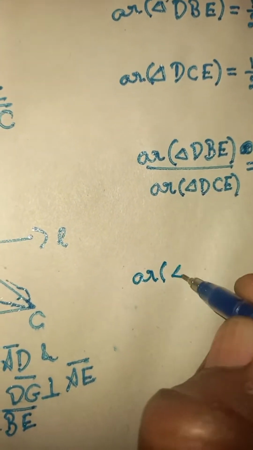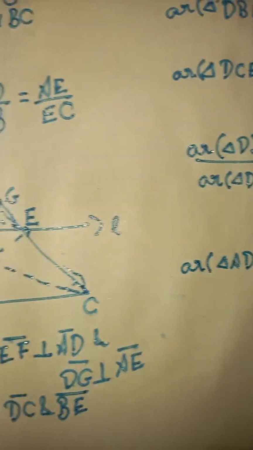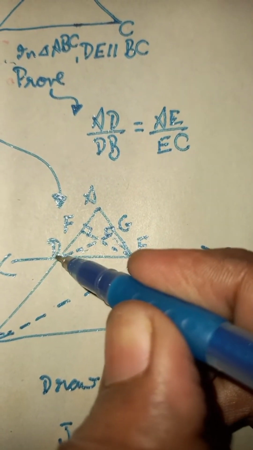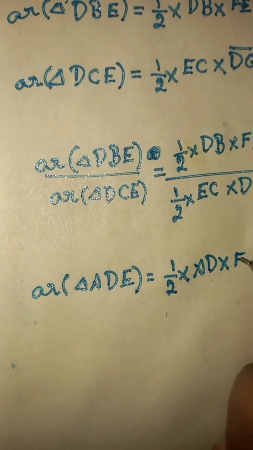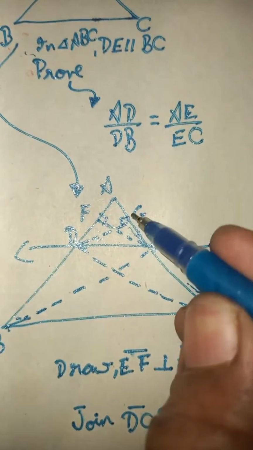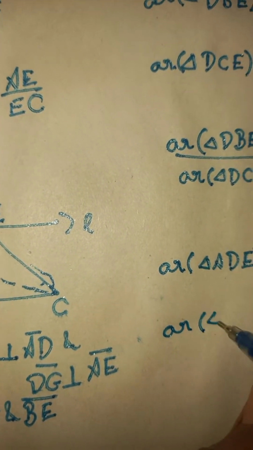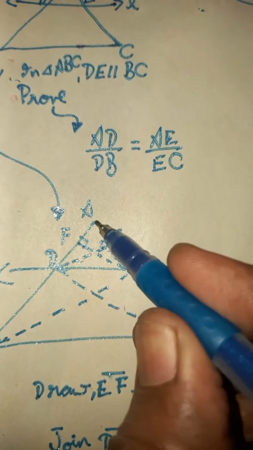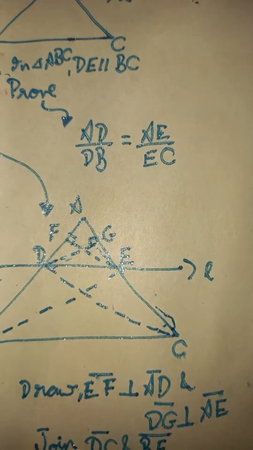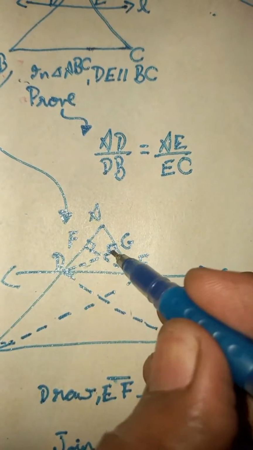Its area is half times the base AD times the perpendicular FE. From the other side, the area of triangle ADE is half times the base AE times the perpendicular DG.